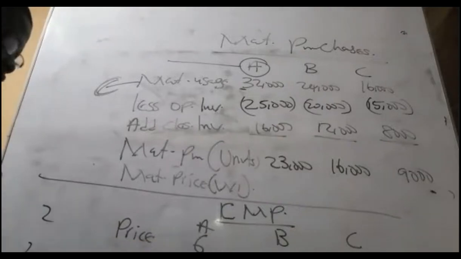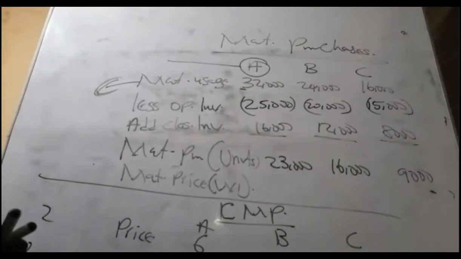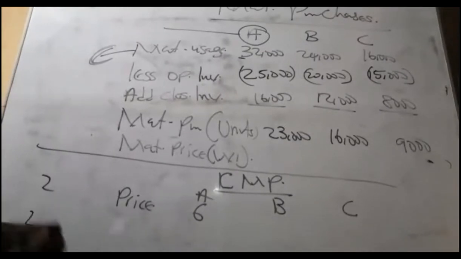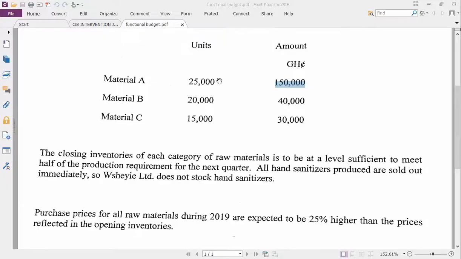I got 6. How did I get 6? By dividing 150,000 cedis by 25,000. It gives me 6 cedis. It means that each unit cost was 6 Ghana cedis.